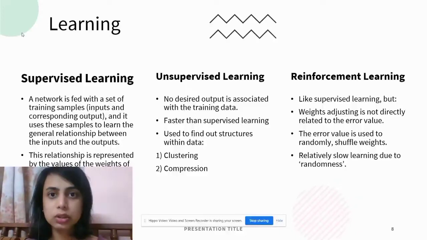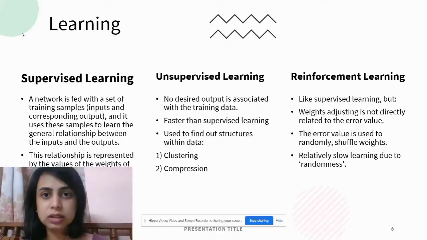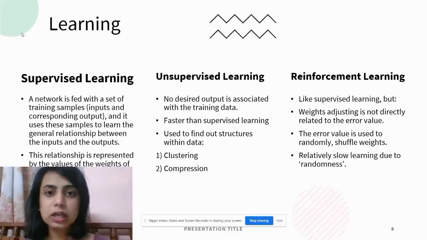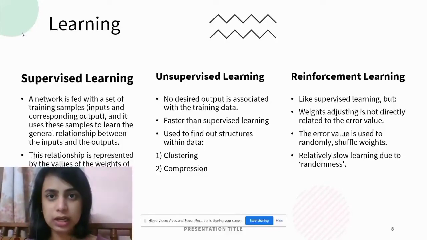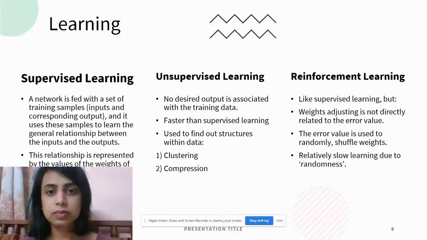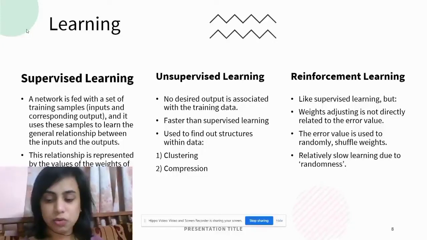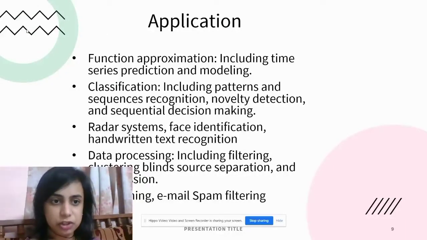This is relatively slow learning due to the randomness of the weight shifting, but is equally as effective as the other two learning parts. It depends on which problem you are dealing with to decide which learning method you should use. Next, let us move on to the applications of artificial neural networks.